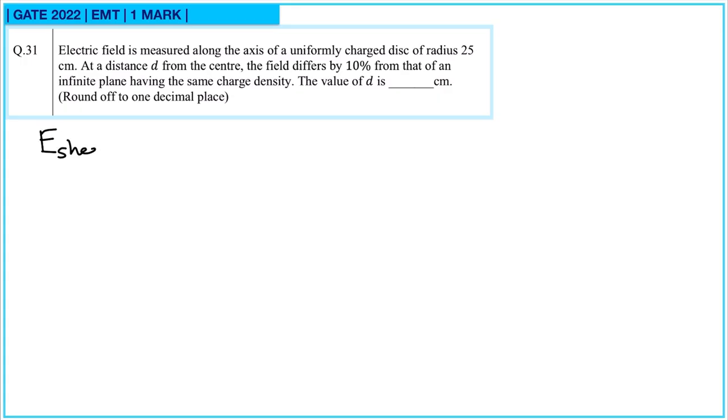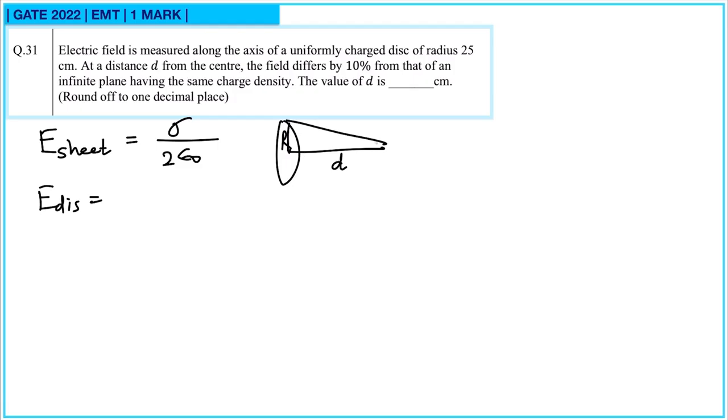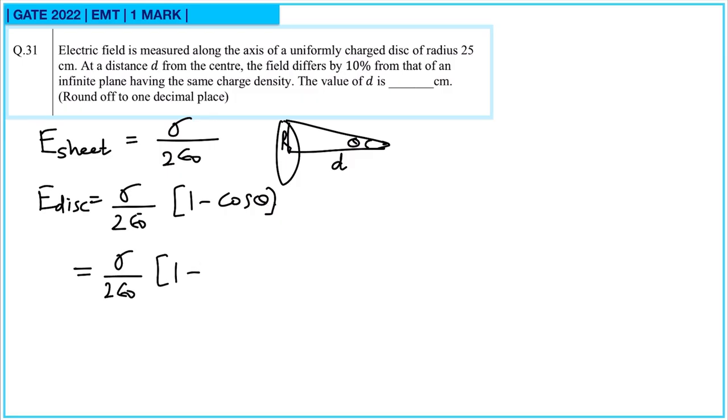Now electric field due to the sheet is equal to sigma upon 2 epsilon naught, and electric field due to the disk, if you are considering a disk of radius r at some distance d, with this angle theta, is E disk equal to sigma by 2 epsilon naught into 1 minus cos theta. So this will be sigma upon 2 epsilon naught into 1 minus cos theta, where cos theta is adjacent d upon the hypotenuse, under root r square plus d square. So this will be the electric field due to the disk.